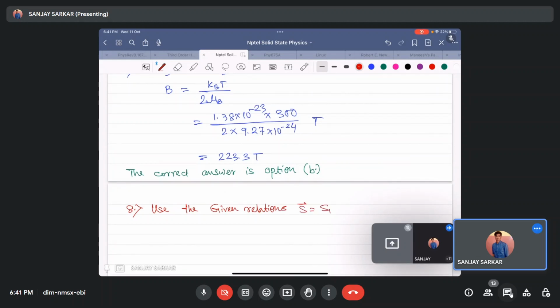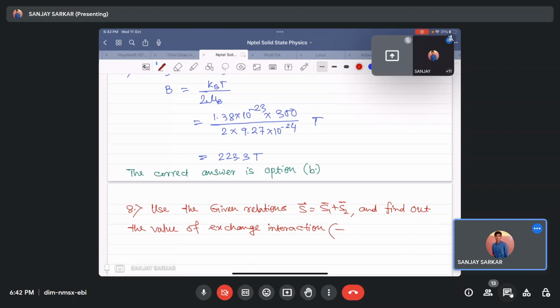That S is equal to S1 plus S2, and find out the value of exchange interaction, which is minus 2 JE S1 dot S2, given that S square equal to 0 and S1 square equal to S2 square equal to 1 by 4.